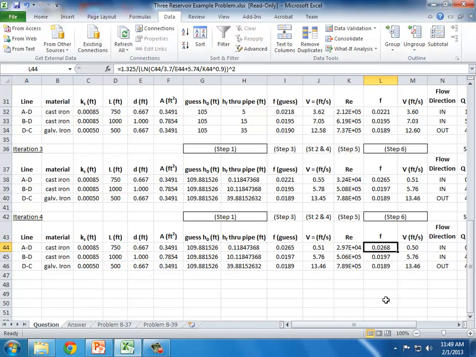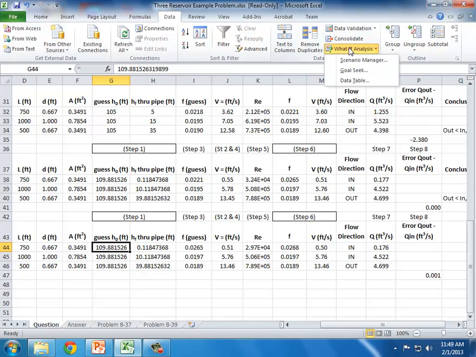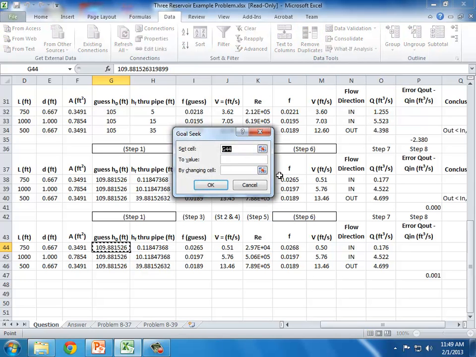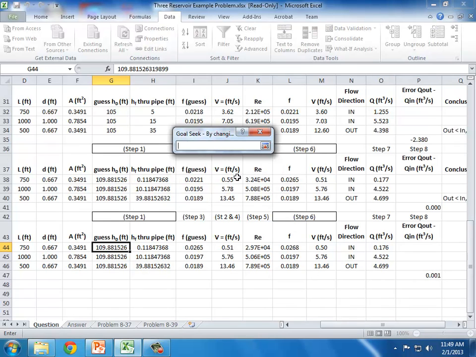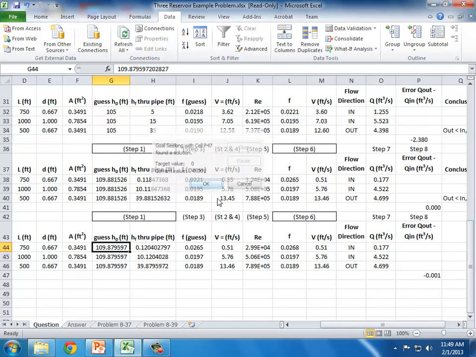Here it's converging it a little. So if we do goal seek again here, we want that to be equal to 0 by changing this. Okay, it changed it by a very minuscule amount. All right, so that is the 3-reservoir problem.